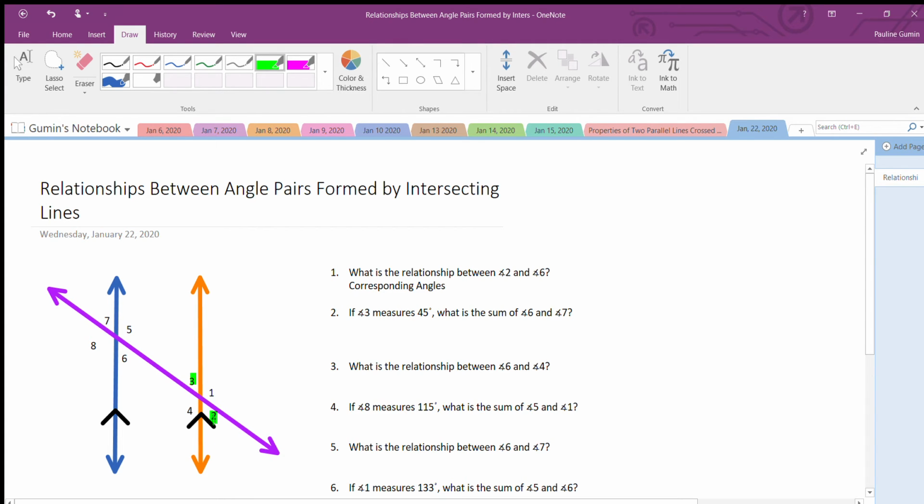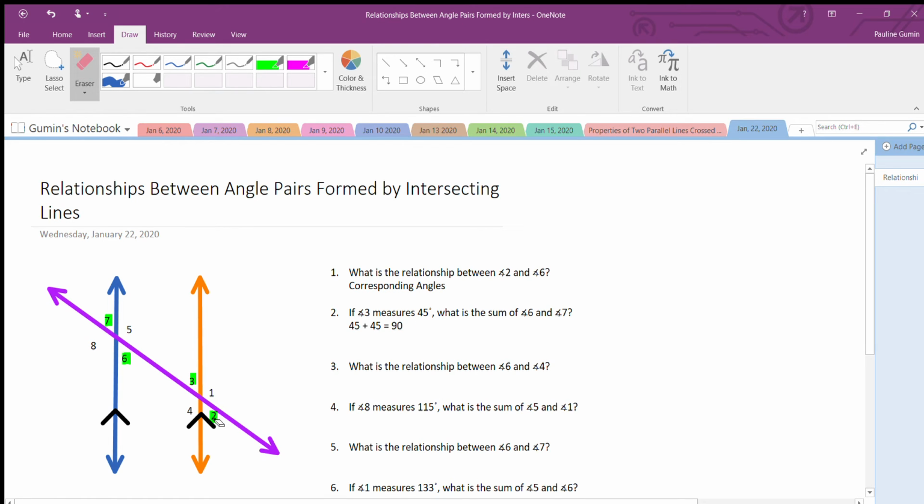We already answered in number 1 that 2 and 6 are corresponding, which means they have the same value. And 7 is the same value as 6 because they're vertical angles. Well, what that tells us now is that if 3 was 45 degrees, that means angle 6 is 45 degrees, so is angle 7, and together, 90.